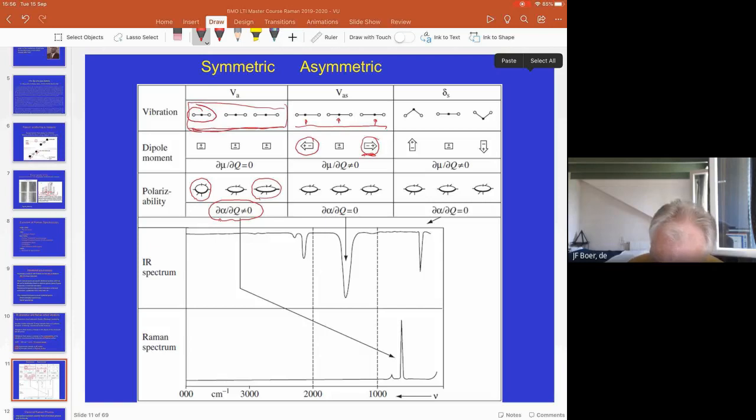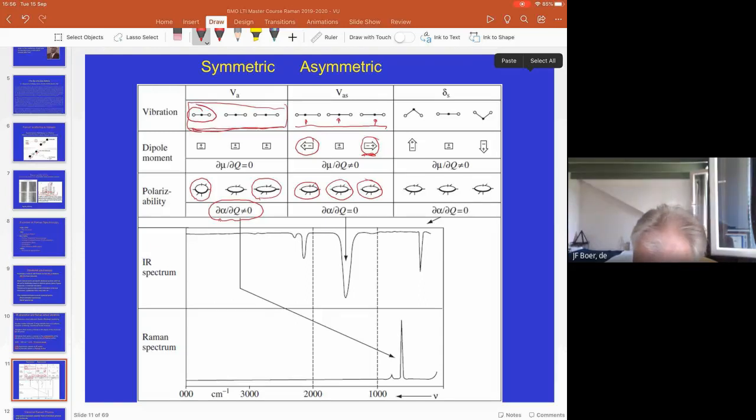If you look at the electron cloud around the molecule, it doesn't change size. So the electron cloud stays more or less in the same position for the 3 positions of the carbon during its vibration. So there's no change in the polarizability of the molecule. And if you look at the 3rd vibrational level, it's a bending vibration.